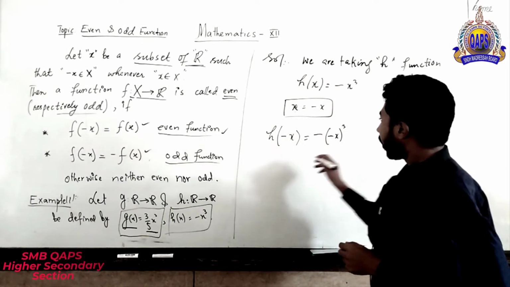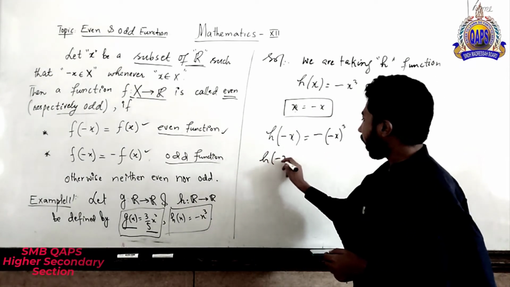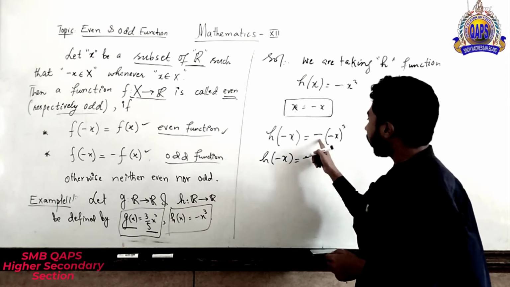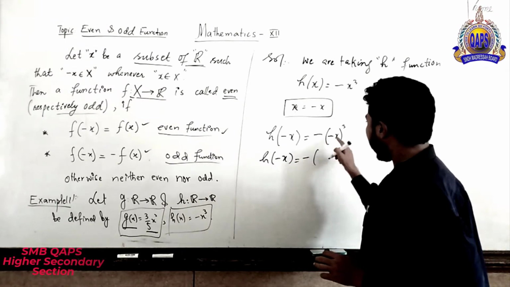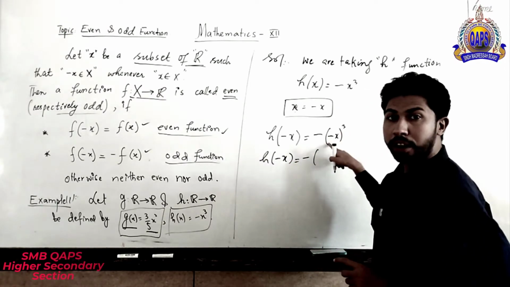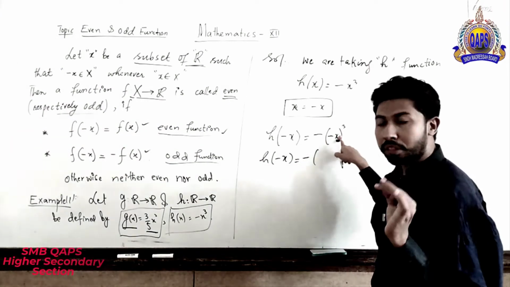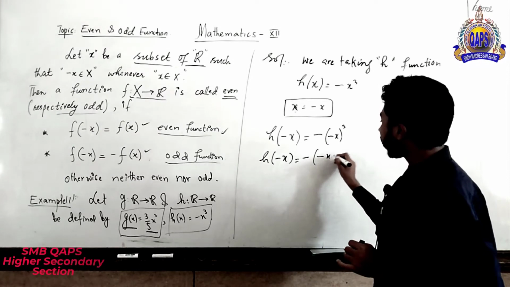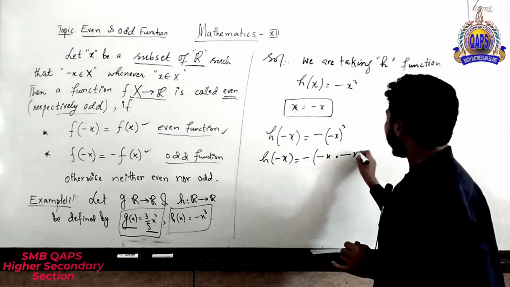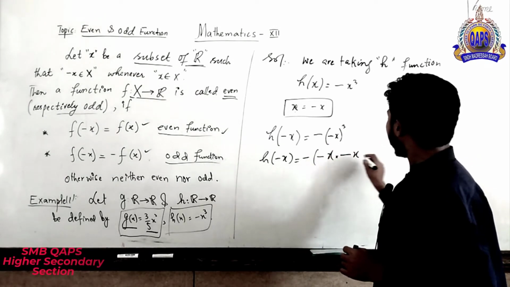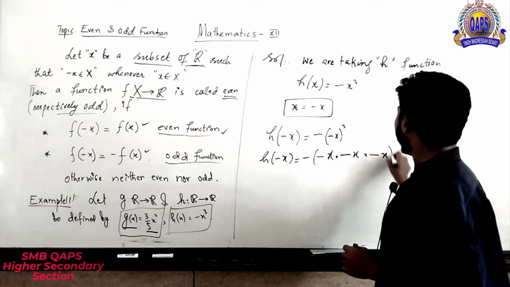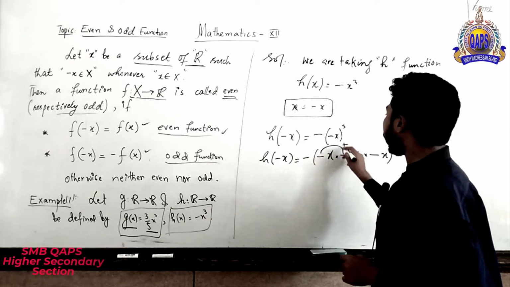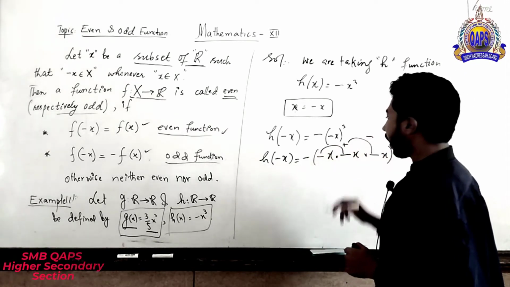Now h of minus x is equal to minus, which is the same, and negative x is multiplied 3 times because the power is 3. So negative x multiplied by negative x multiplied by negative x: negative negative is positive, positive negative is negative.